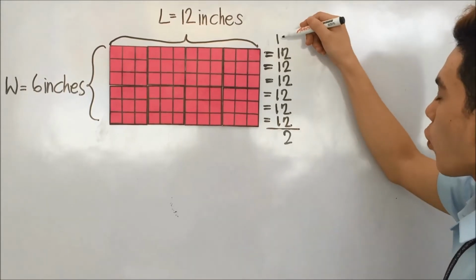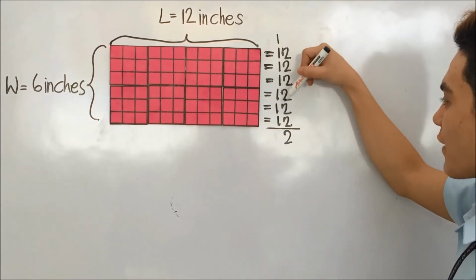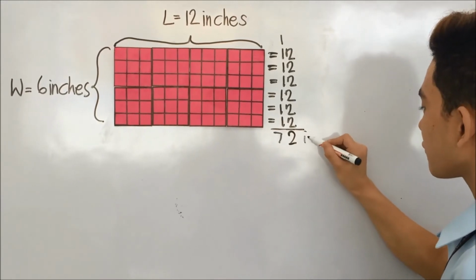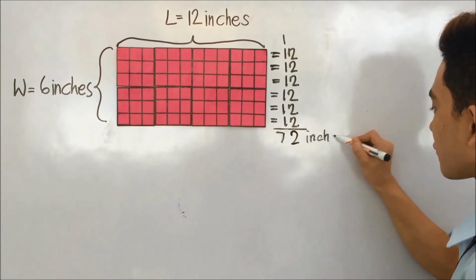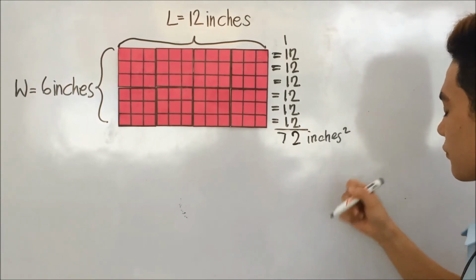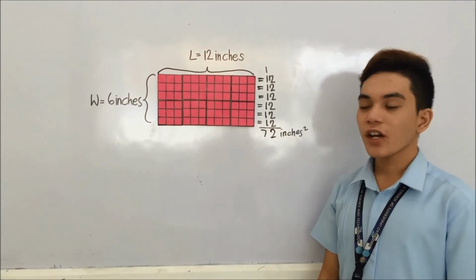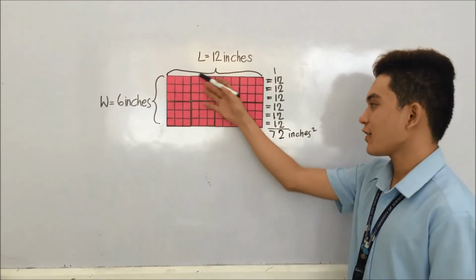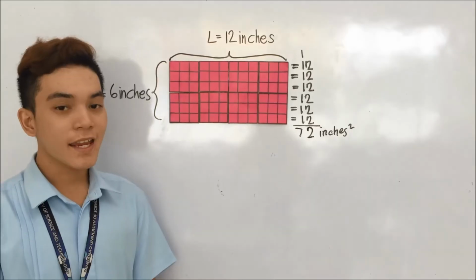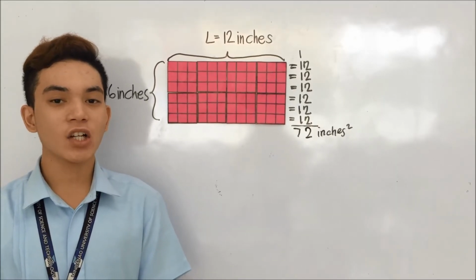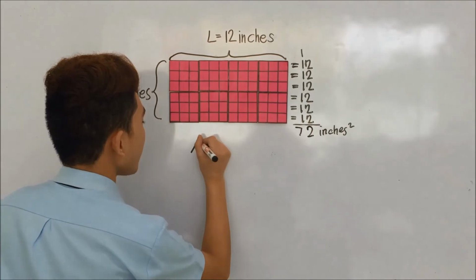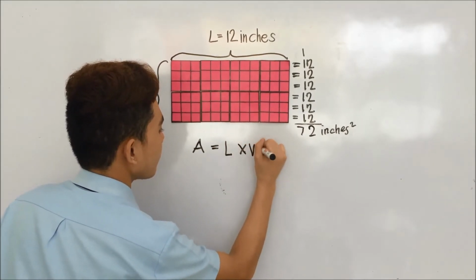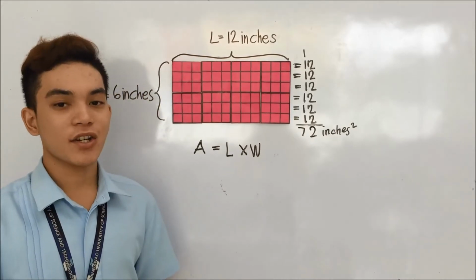Carry 1. 1, 2, 3, 4, 5, 6, 7. Therefore, there are 72 squares of 1 by 1 inch inside a rectangle. Hence, the formula area of rectangle is area is equal to length times width, if our answer is the same.